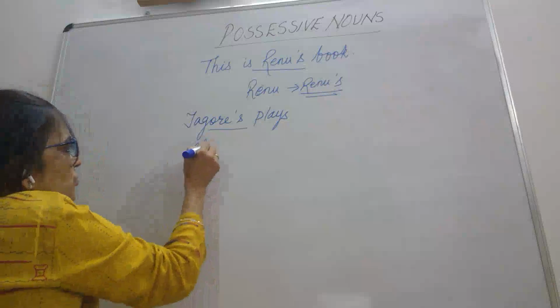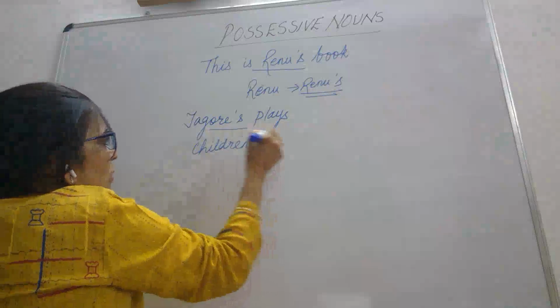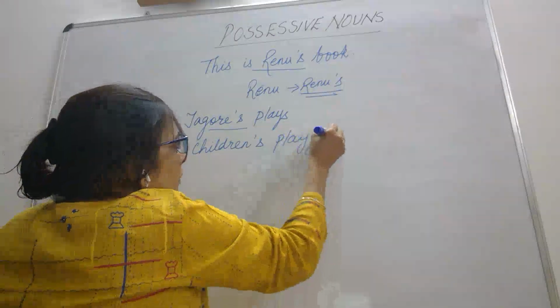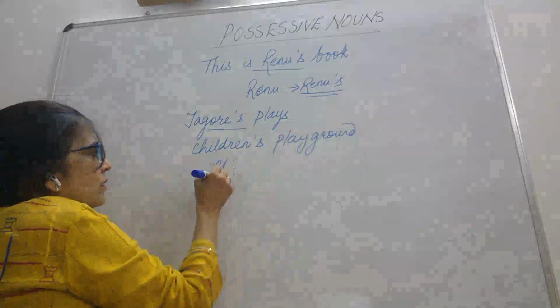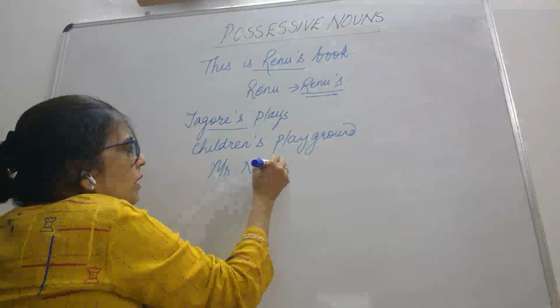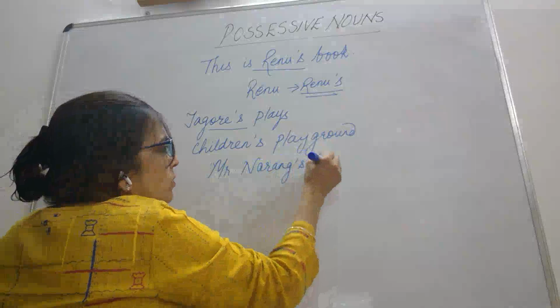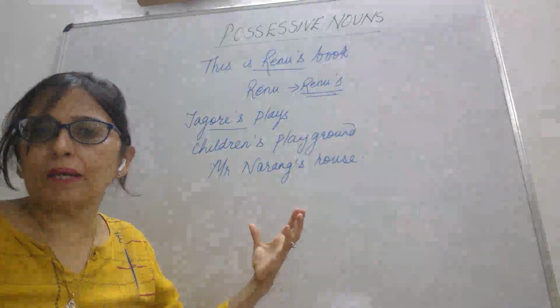Then we have children's playground, the playground meant for children. Mr. Narang's house. Narang's means the house belongs to Mr. Narang. So it is as simple as that.